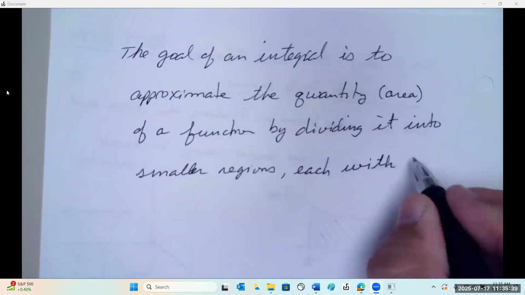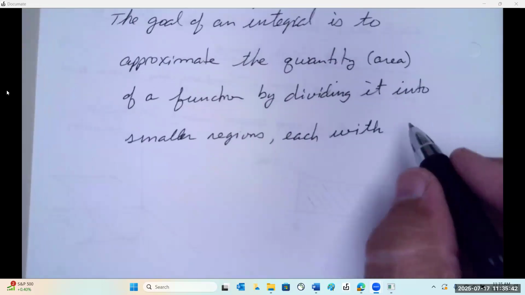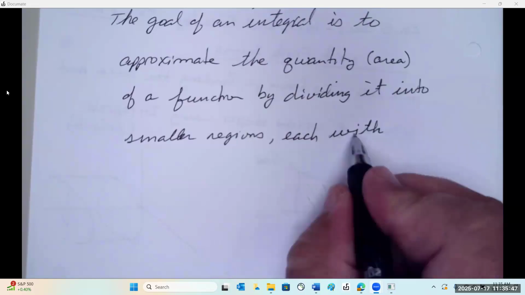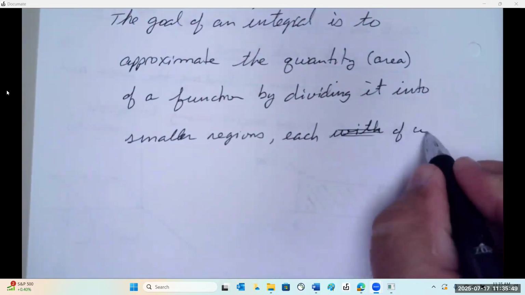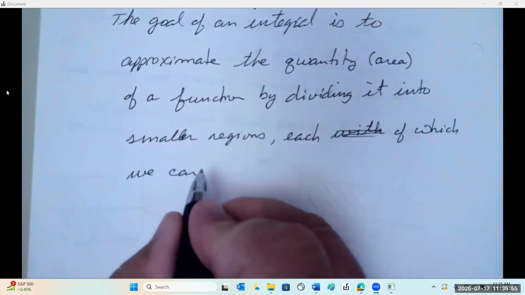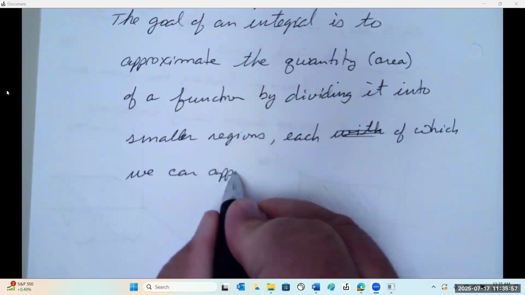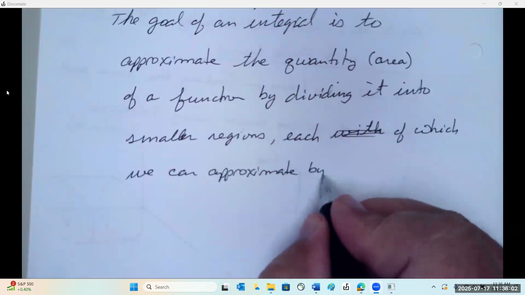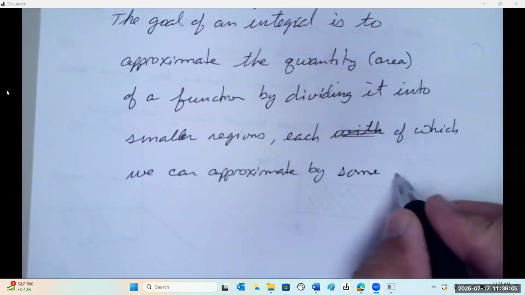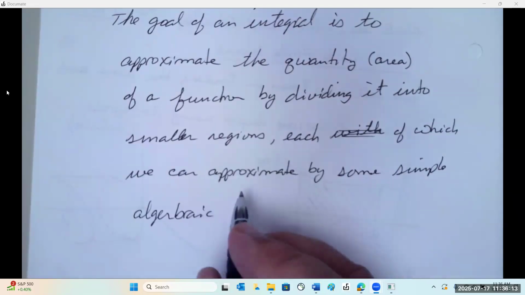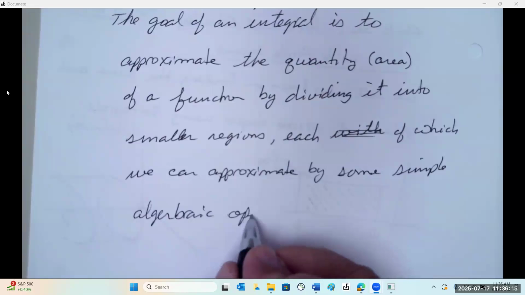Each of which we can approximate by some simple algebraic operation.